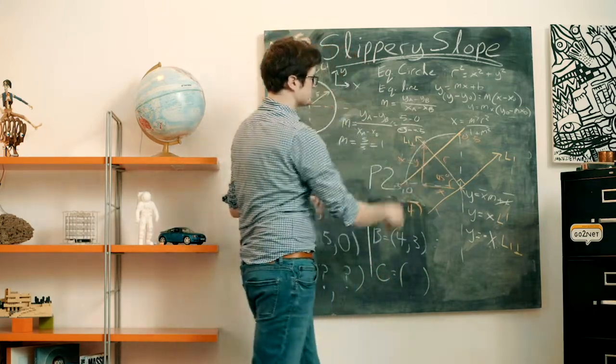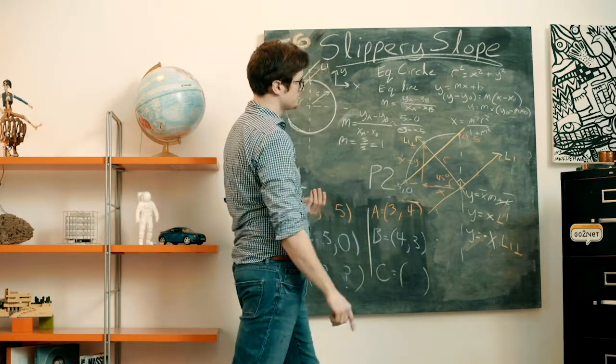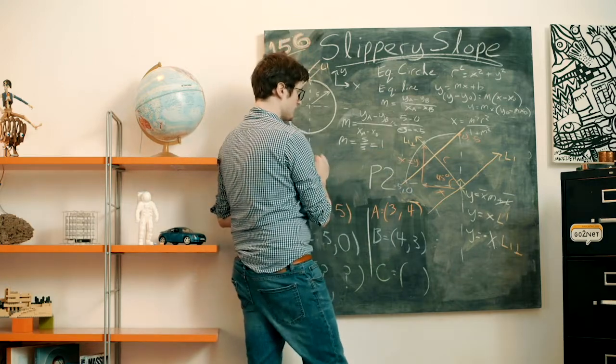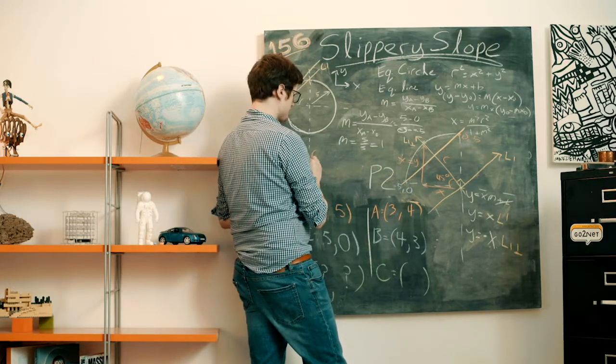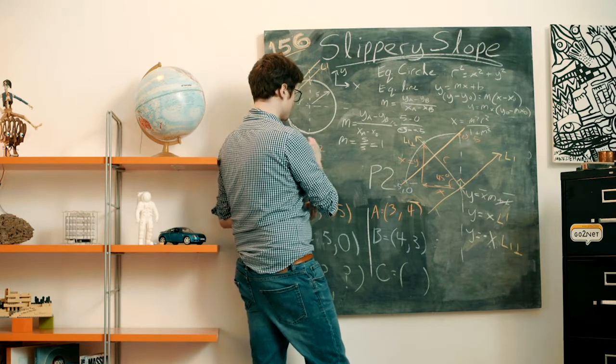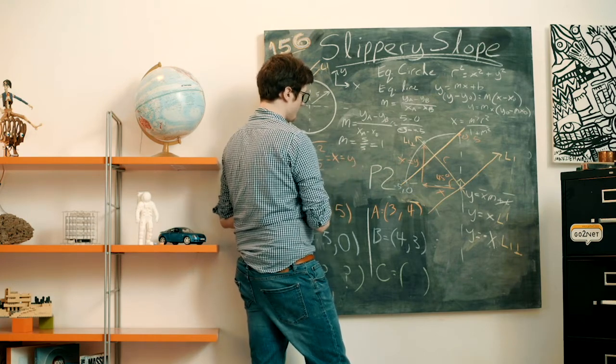And of course, this is r. And so we can actually determine what x and y should be for this point here. From Pythagoras' theorem, we have r squared over 2 square root is equal to x, which is equal to y.